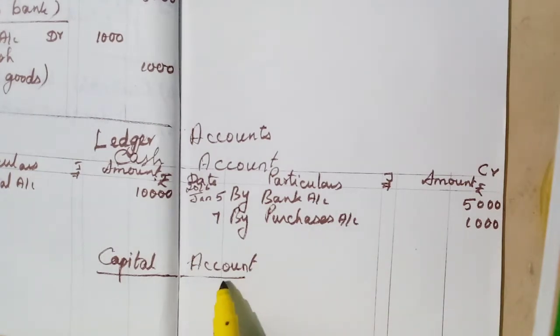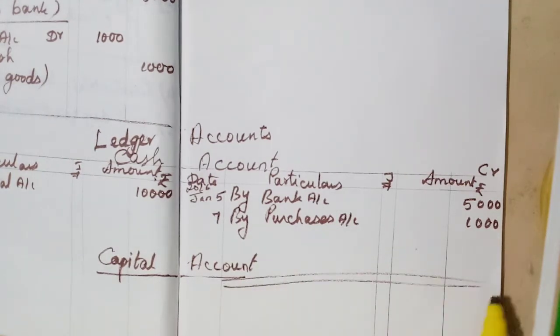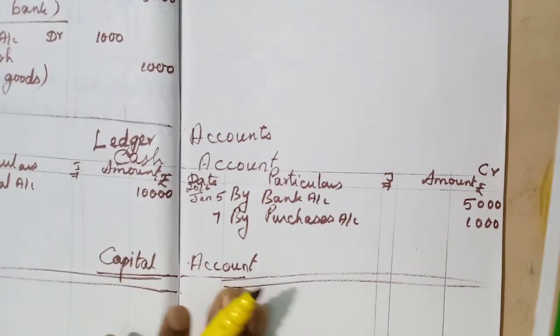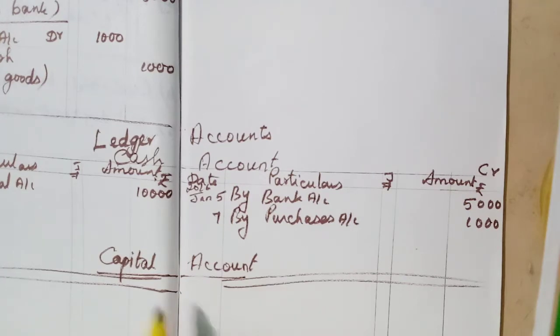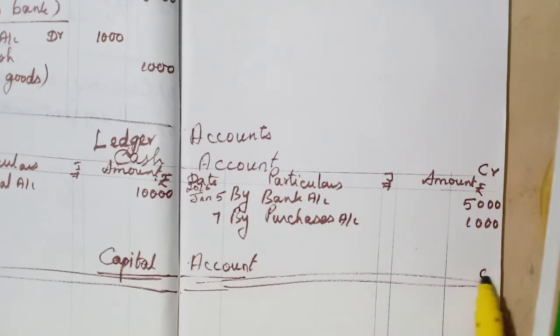Here everything you have to draw again and write. But for exam, you do not need to draw a line and all. You write this one and directly post them, because we will not get time to write each and every date, particulars, everything. Okay. So capital is credited.